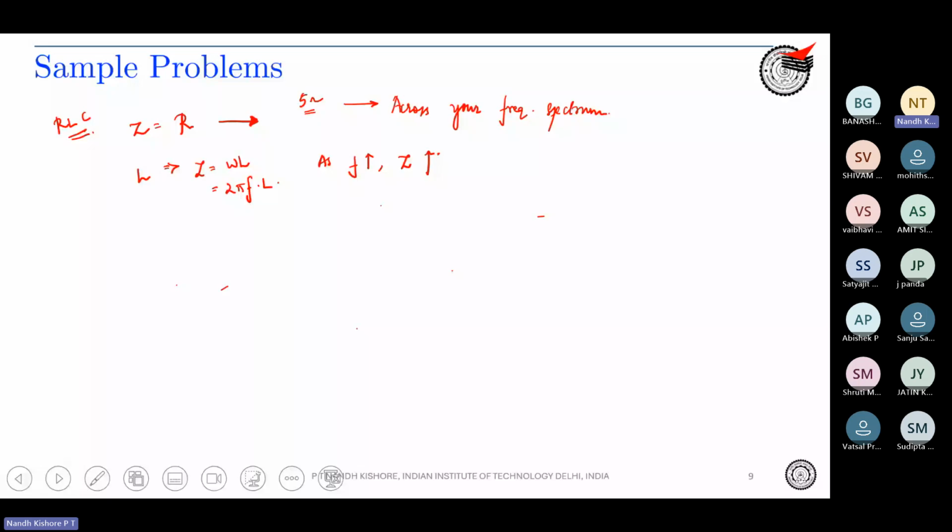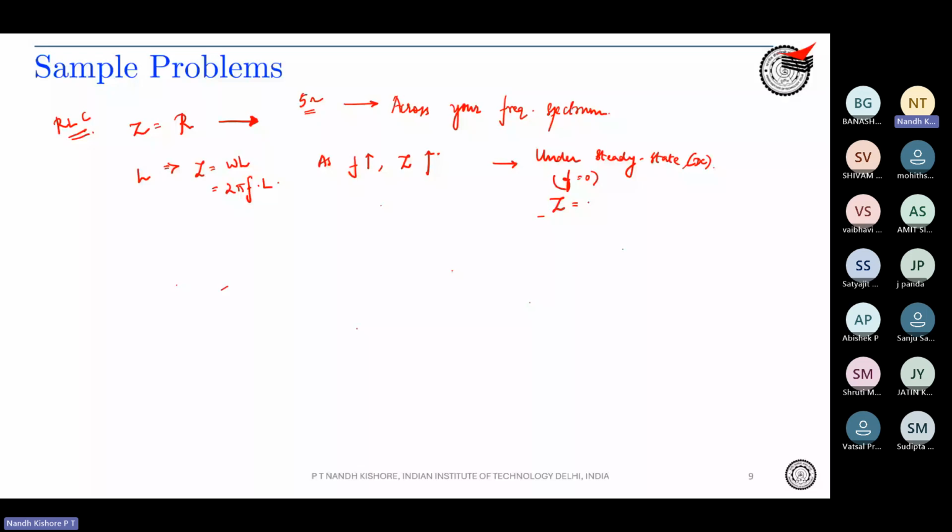One more thing is under steady state. What is steady state? Under steady state means it is DC. Under DC, f is 0, which means that your impedance is 0, correct?